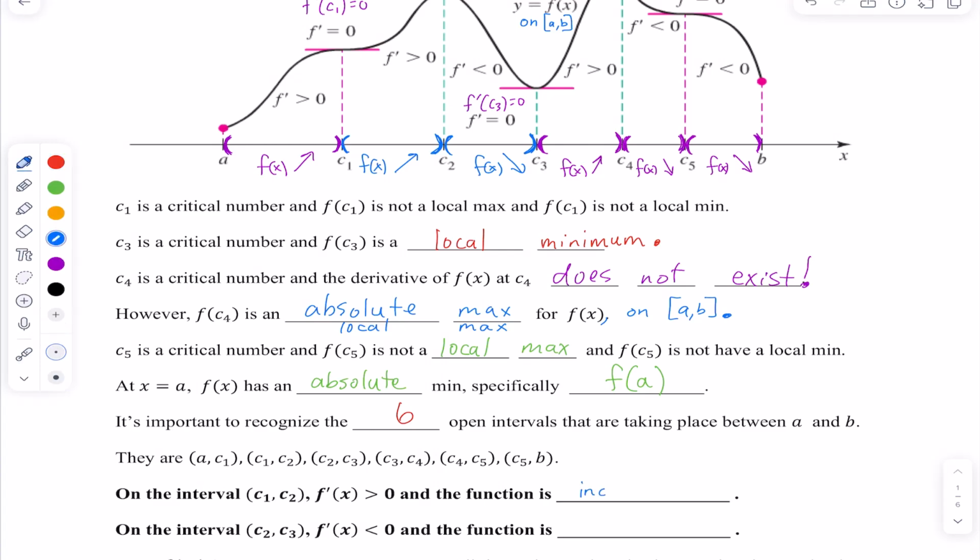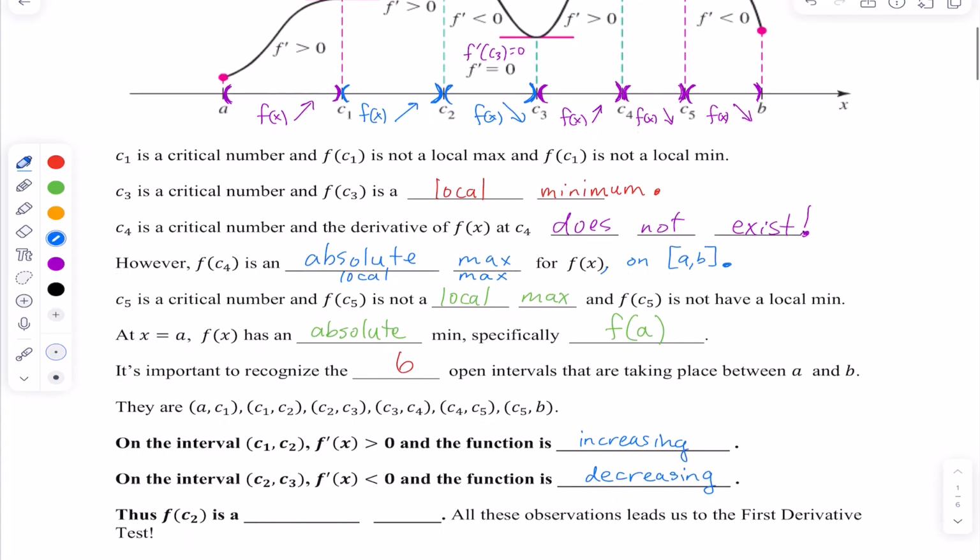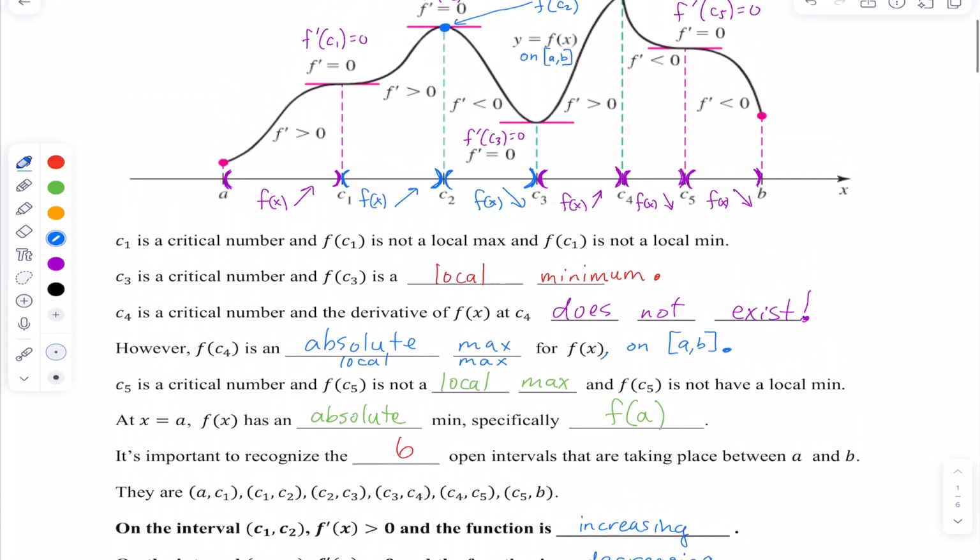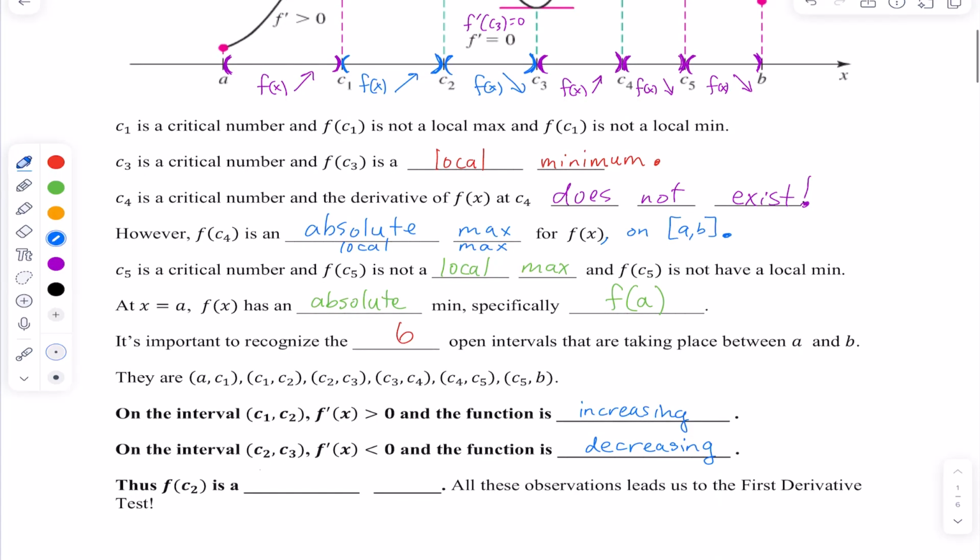We want to know when the output values are increasing and when they are actually decreasing. And if it behaves like this before and after a critical number, then we could actually conclude that f of C2 is now a local what? It is a local maximum. So every detail counts, every symbol counts, every open interval is going to count, and that's how we're going to describe the shape of a differentiable function. It's usually one open interval at a time.